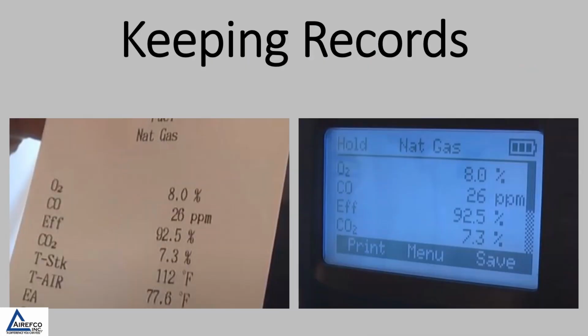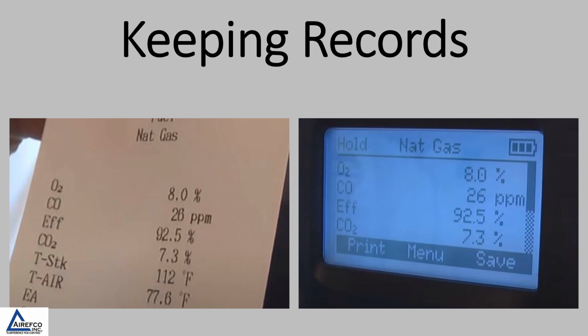The last thing that I would like to stress is that you must keep records. It is very important for your company and for yourself individually that if you're on a gas appliance and you're performing any maintenance or service or conducting a combustion analysis, you must keep records of the readings that you have taken. The old saying, if you touch it, you own it, applies to gas appliances.